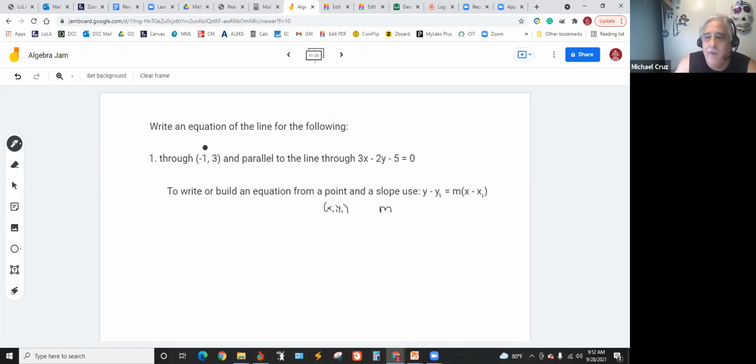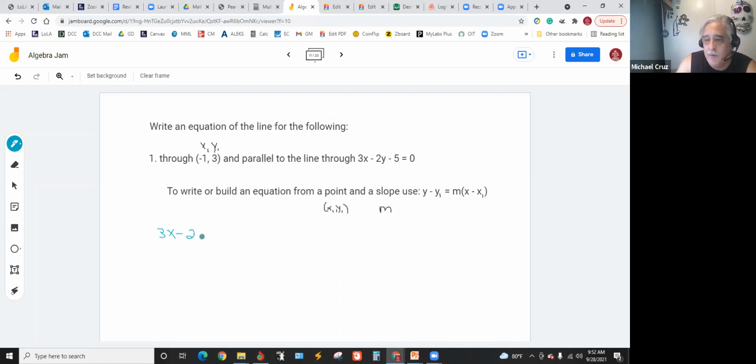Now, we already had the point. All right. So what we don't have is a slope, but we've got a line. So let's take that line and find out what the slope is. So here's the point. I'm sorry, the line.